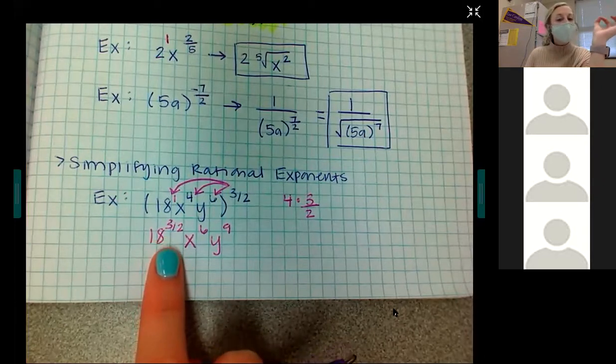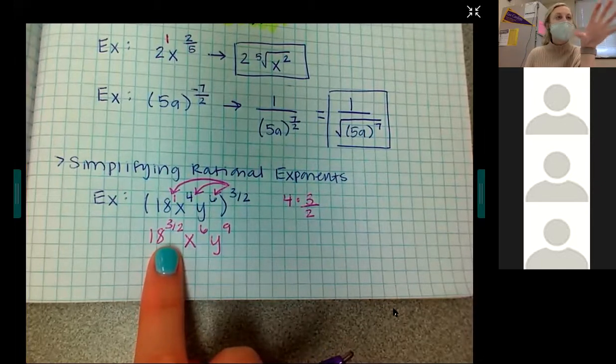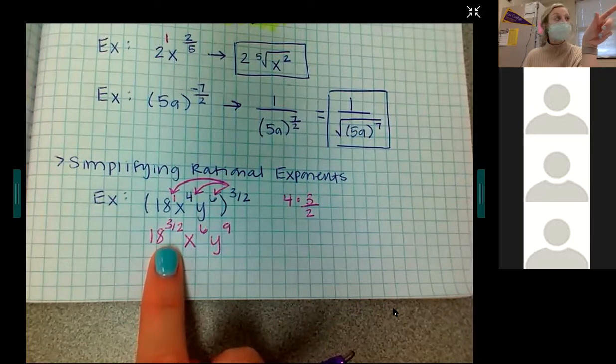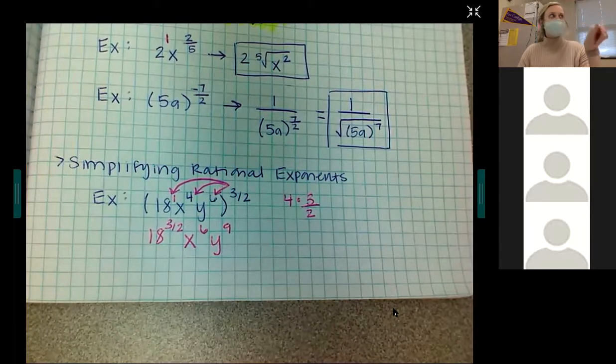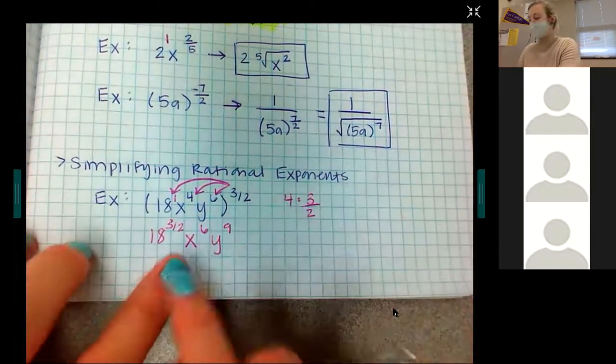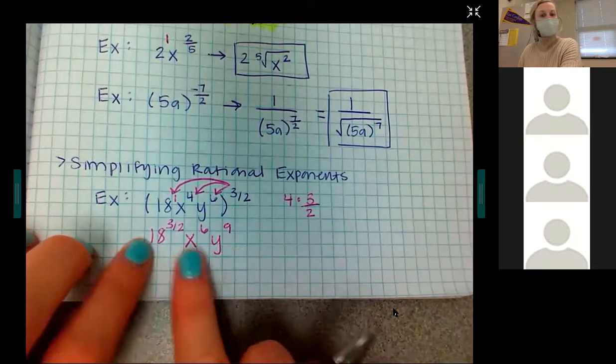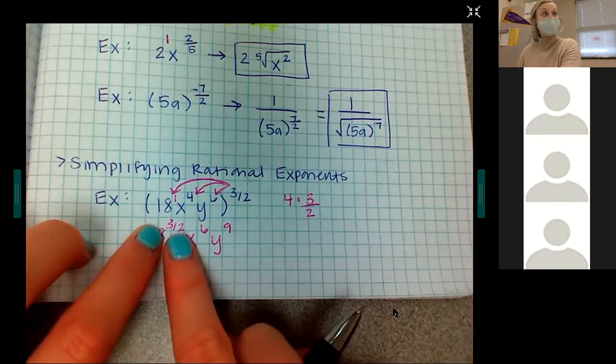How can I rewrite that so we know what it means? You can't have a fractional exponent, so how can I rewrite it? 18 to the 3rd, and then I heard somebody say take a root of 2, so square root. That's what we just did, right? Did I lose you? Okay, look. Whole number, whole number. Fraction.